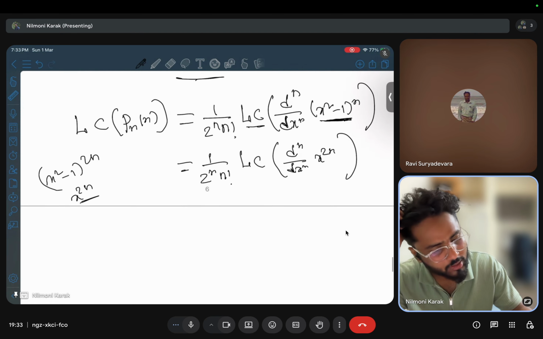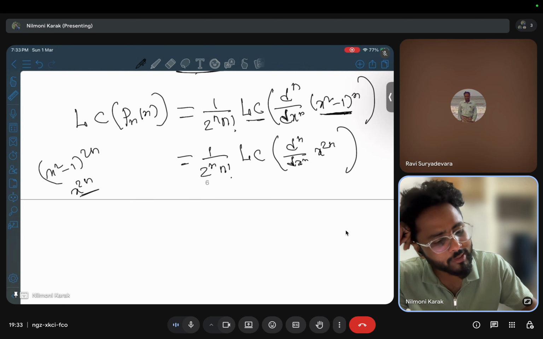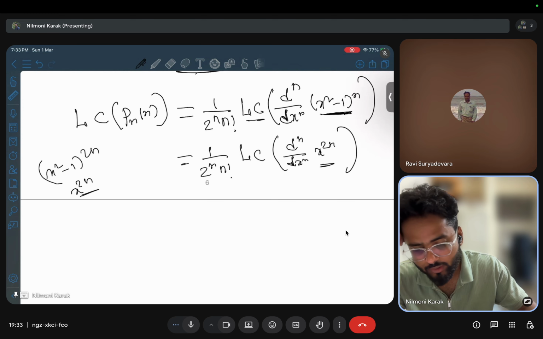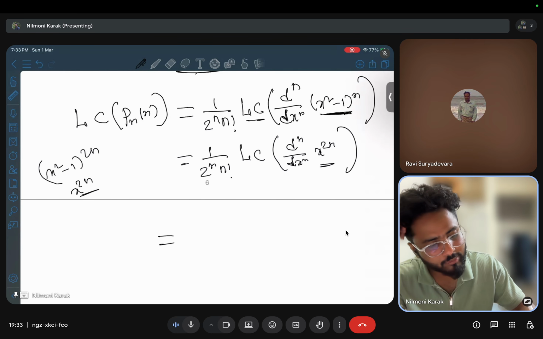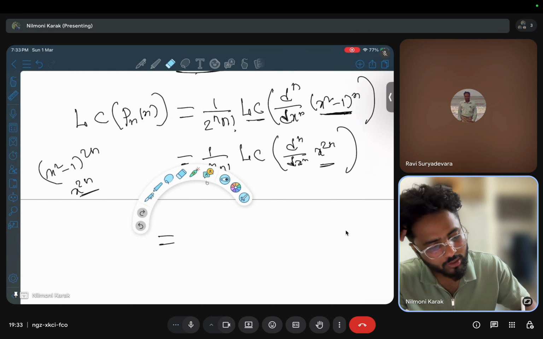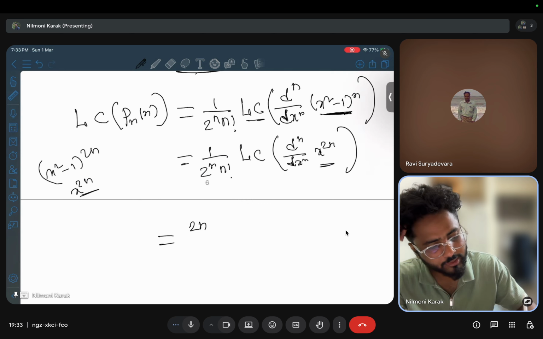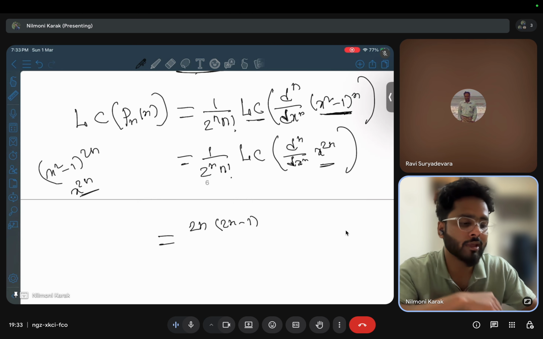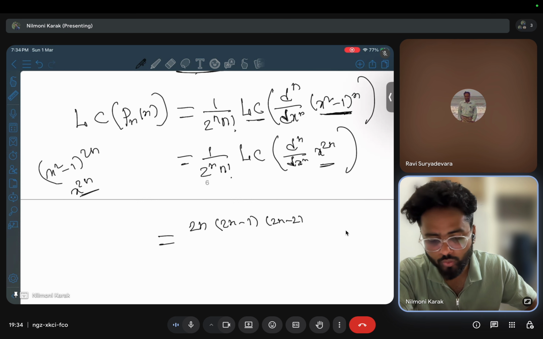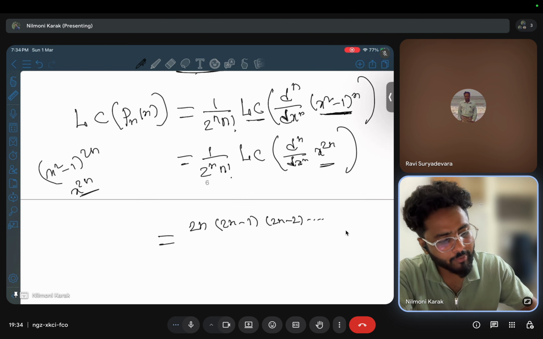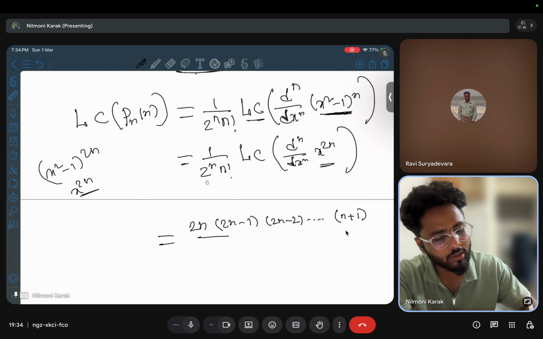Now you can take the derivative nth time. First 2n times x to the power 2n minus 1, then 2n minus 1, then 2n minus 2, and so on, and finally n plus 1 for the nth derivative.